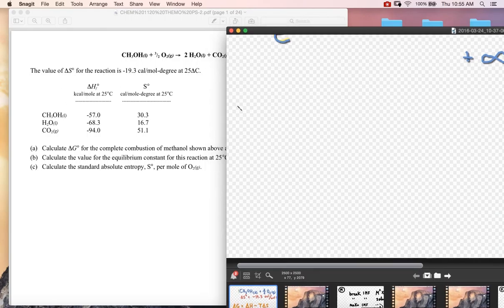We know Hess's law, delta S of the reaction is equal to 2 times the S of formation of H2O plus the S of formation of CO2 minus the S of formation of methanol. I'm just going to abbreviate that MEOH.